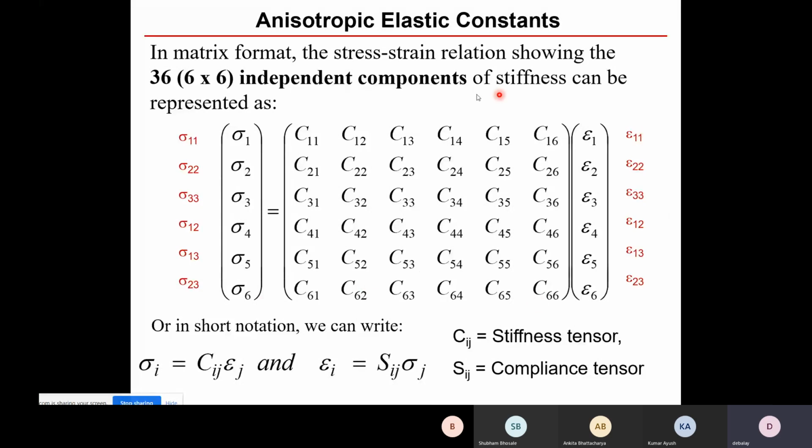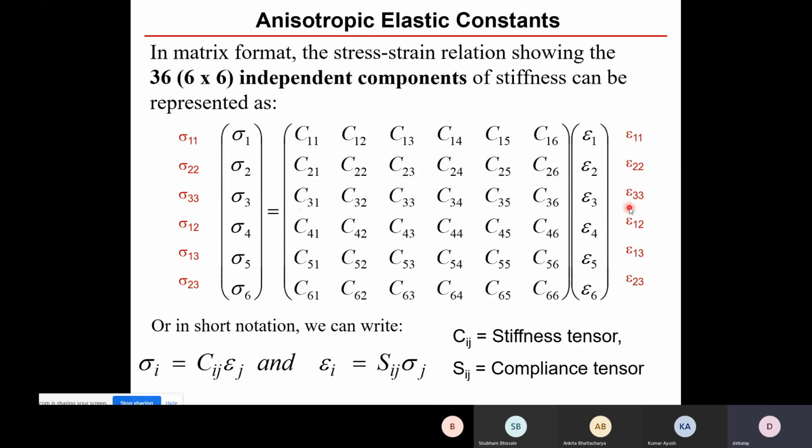This is a 9 order tensor. The elastic stiffness tensor will be a 9 order tensor, 9 into 9, 81 components. So stress and strain are related by stiffness. So Cij is called the stiffness tensor.